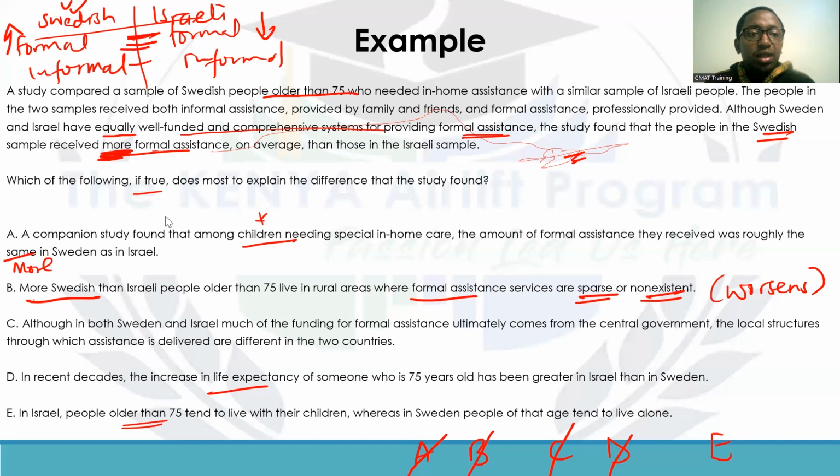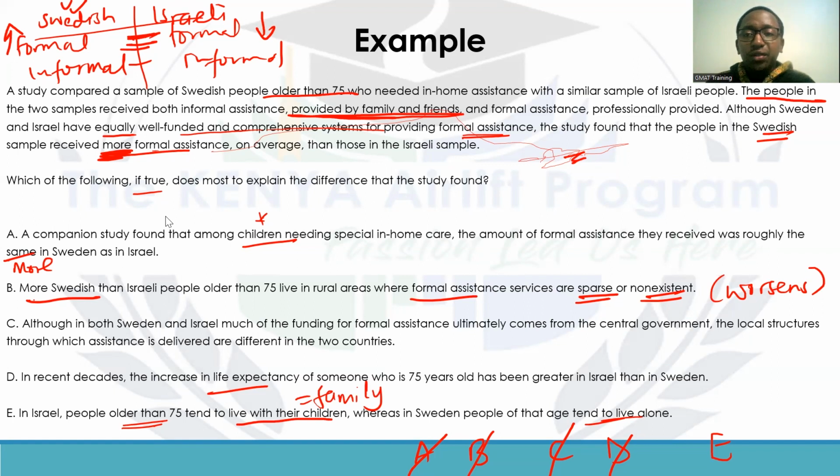But if you go back to our stimulus, you have this sentence: the people in the two samples received both formal and informal assistance provided by family and friends. So in E, the people older than 75 in Israel tend to live with their children, which is family, whereas in Sweden, people of that age tend to live alone.